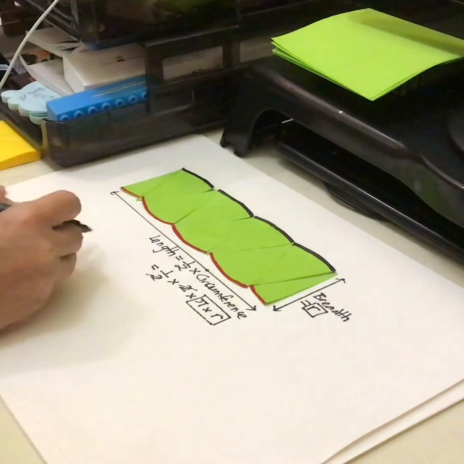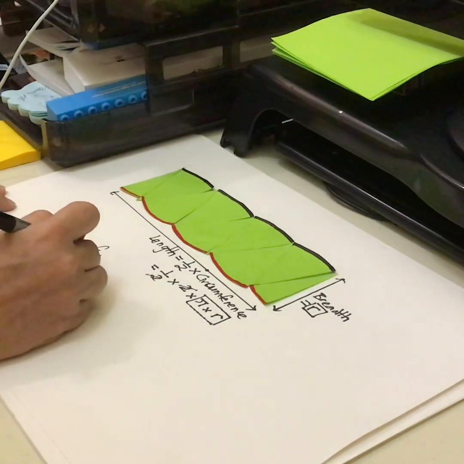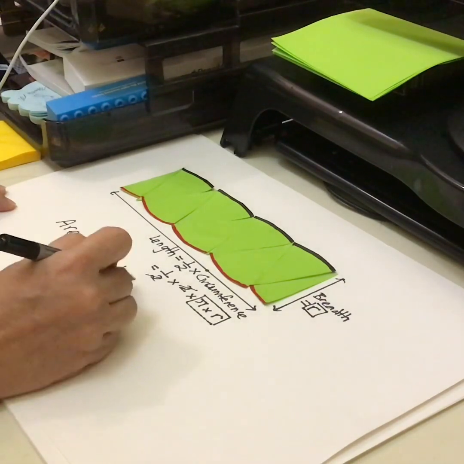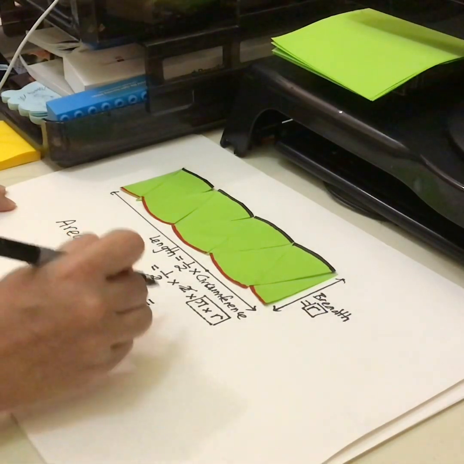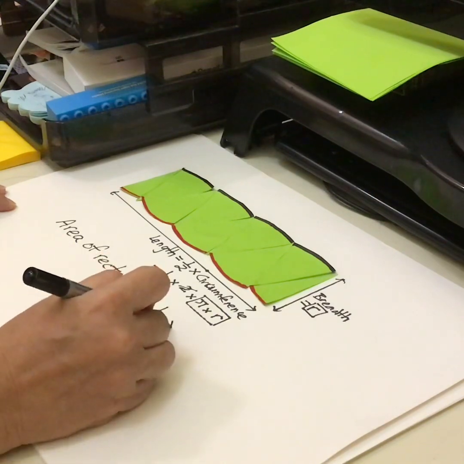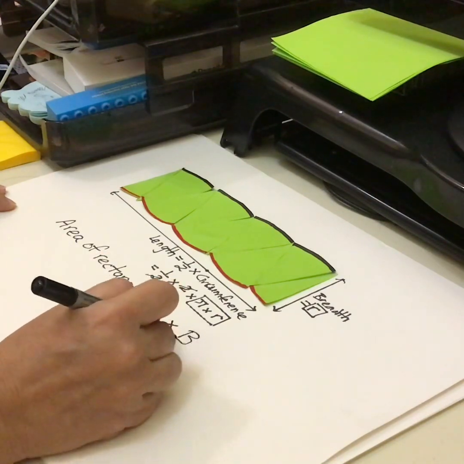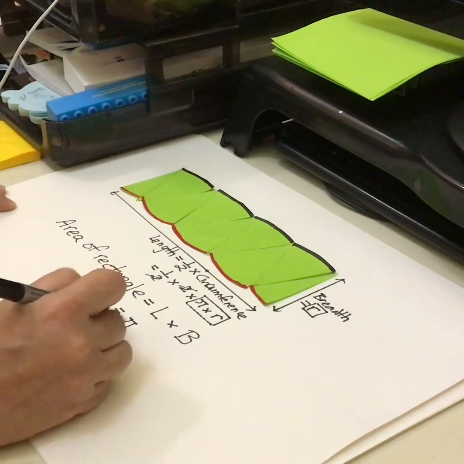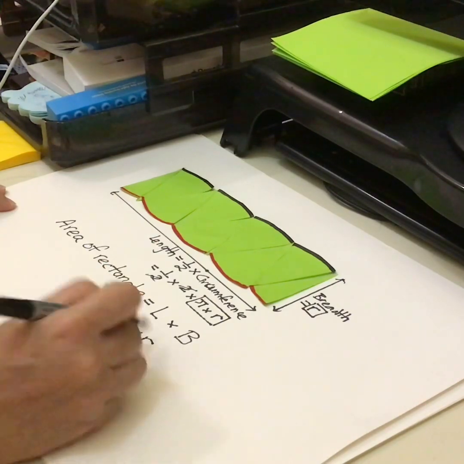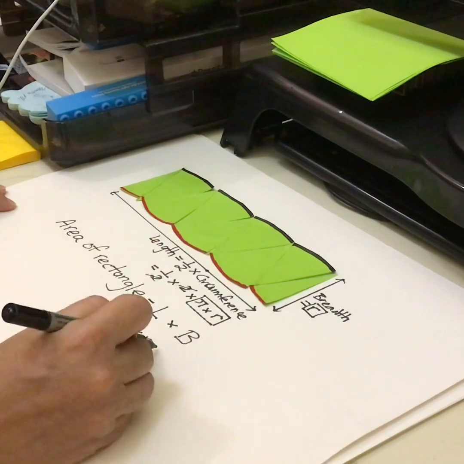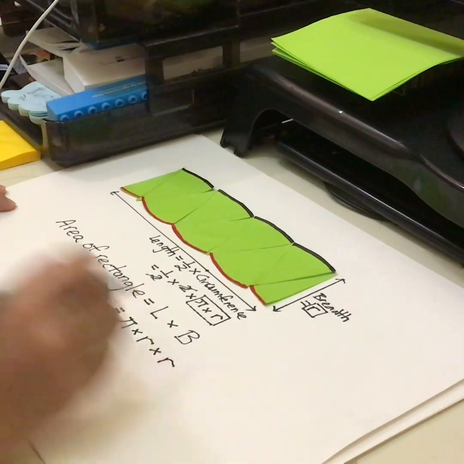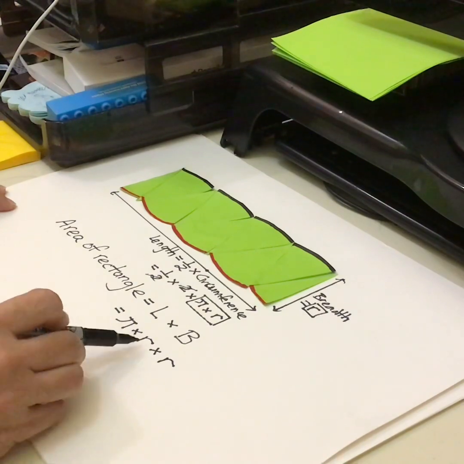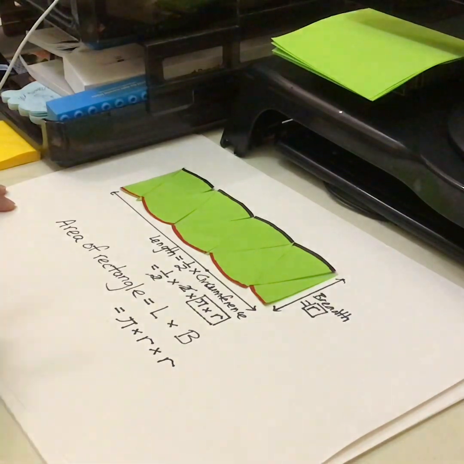Area of rectangle is length multiplied by breadth. Our length here is pi multiplied by radius, and our breadth here is just the radius. So the area of rectangle is pi multiplied by radius multiplied by radius.